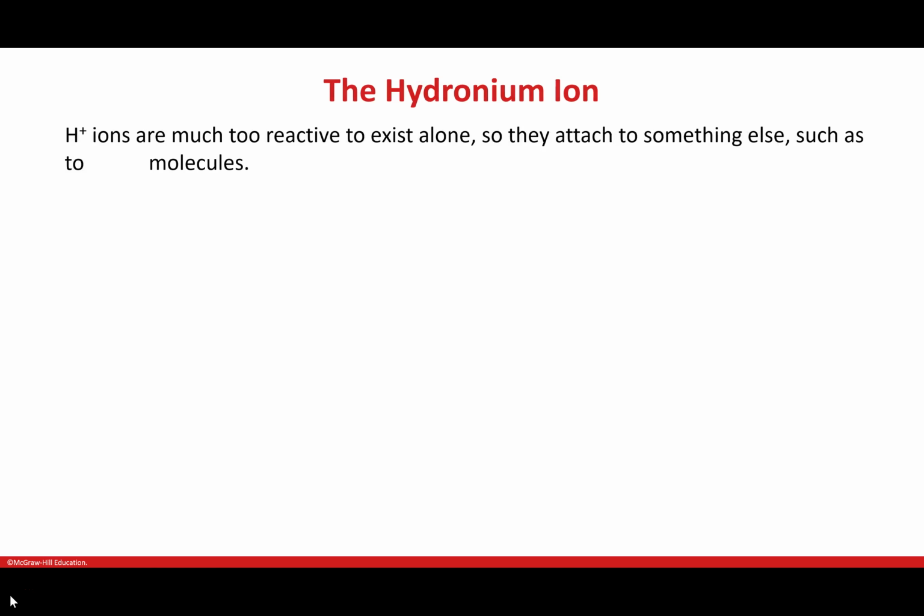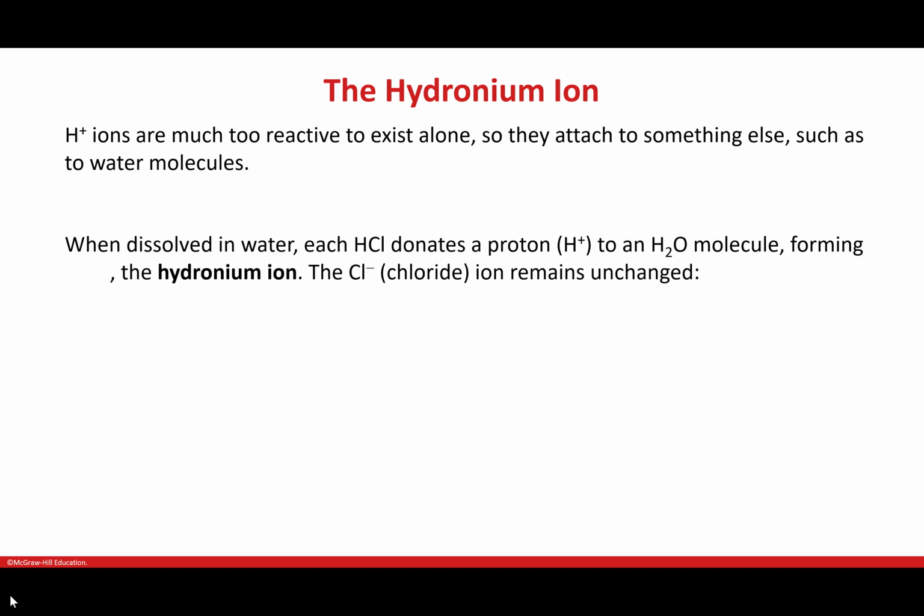So another thing, and I read this in your textbook just recently, the H plus is very reactive. So H plus catches a ride with an H2O molecule. When it catches a ride with an H2O molecule, it forms what we call the hydronium ion. Hydronium is H3O plus. I'm kind of surprised I don't have a separate little chemical reaction for that.